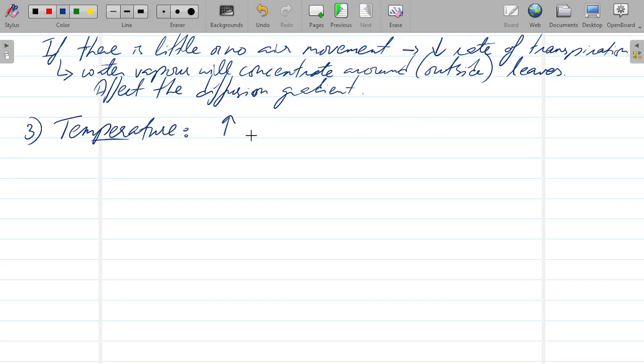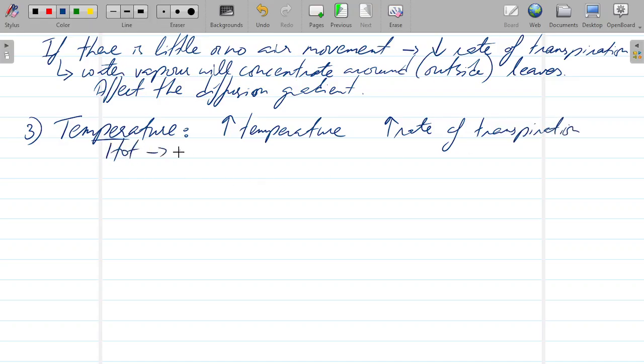The higher the atmospheric temperature, the higher the rate of transpiration, because it's going to be hot, and so you're going to have increased evaporation of water.